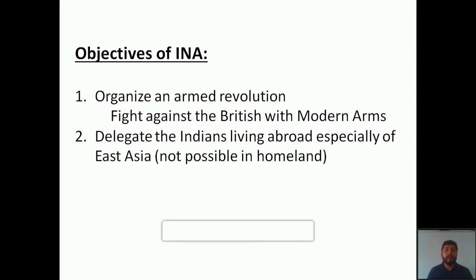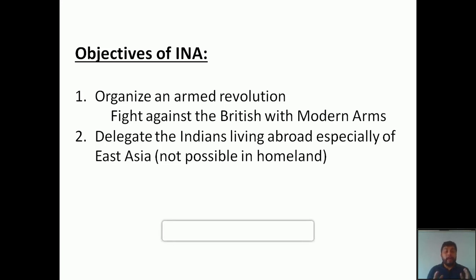Second one, delegate the Indians living abroad, especially of East Asia, which means give the responsibility to take part in the Indian national movement to the people, especially the Indians who were living abroad. Because for those people it was not permitted, or it was limited, to take part in the Indian national movement from their place.